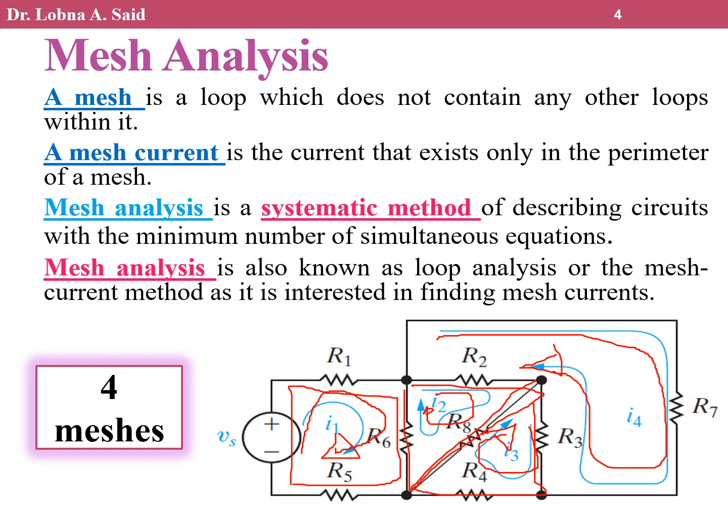For mesh analysis our unknowns are the mesh currents. I have here 4 meshes, and in the perimeter of each mesh there is a current. This is what I'm trying to get. So the number of equations is known before I start, yes. Here I have 4 meshes, so I will have 4 equations and 4 unknowns. With 3 meshes, I will have 3 equations and 3 unknowns. And these are what I am trying to obtain.